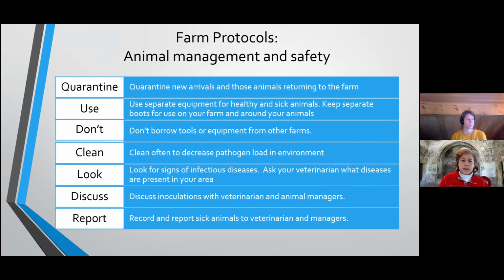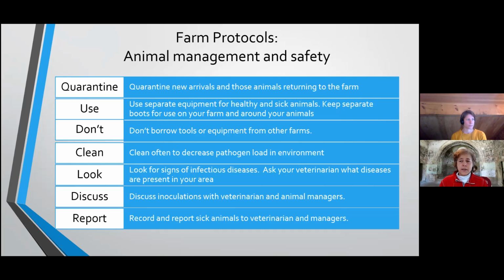Use separate equipment for your healthy and sick animals. Put your sick animals in a quarantine area and take care of them last. Keep separate boots and coverings for those animals. Don't borrow tools or equipment from other farms. If you do, you want to wash, just what we went over.